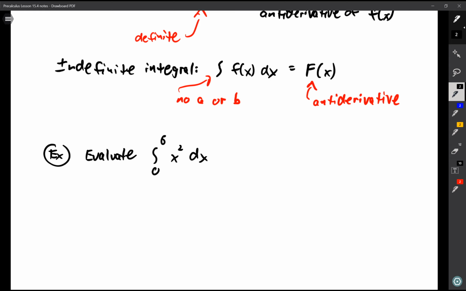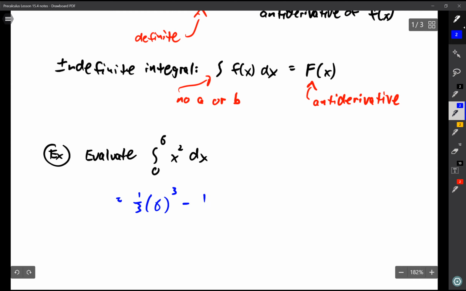Actually, I'm going to take one step back and say this. First, capital F of x is 1/3 x cubed plus c.